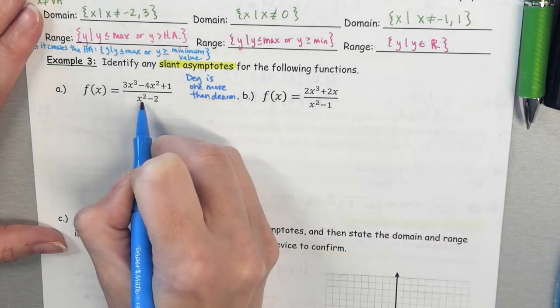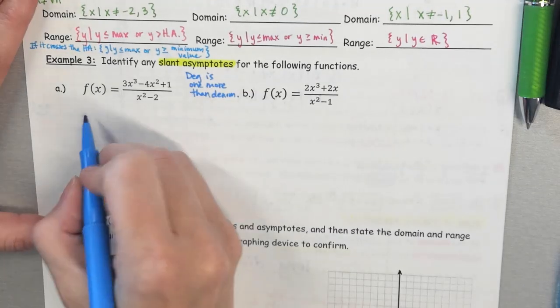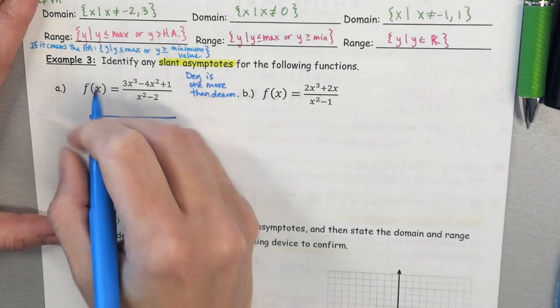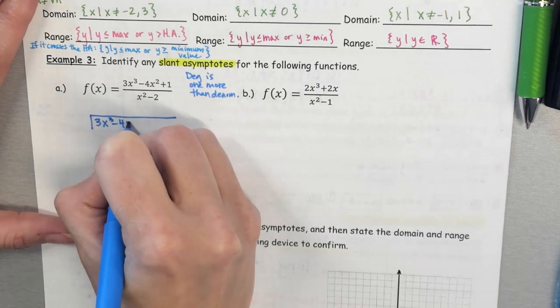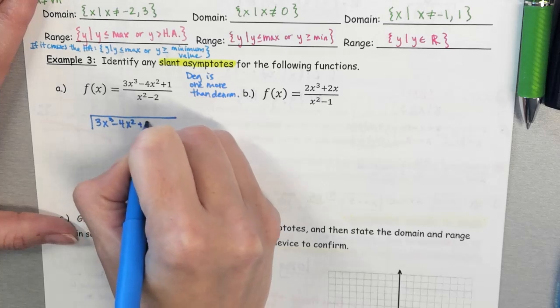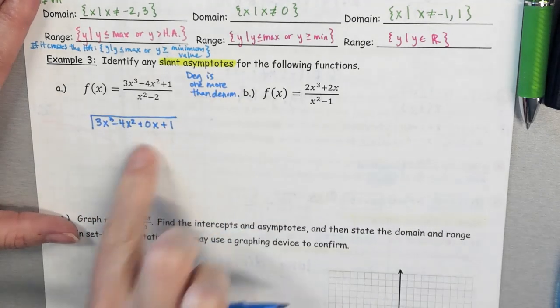So we have 3 and 2. Yep, here we have 3 and 2. So we know that there is going to be one that exists. And then we're going to do long division. So we have 3x cubed minus 4x squared. Remember, if you are missing one of your terms, I just recommend putting the 0x in as a placeholder.